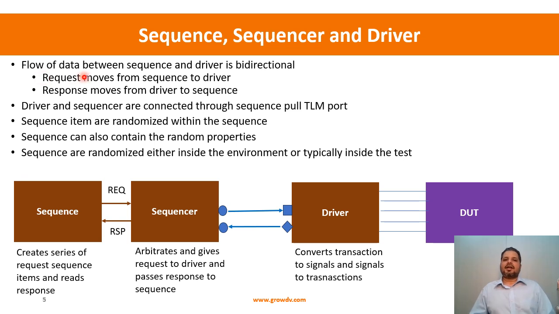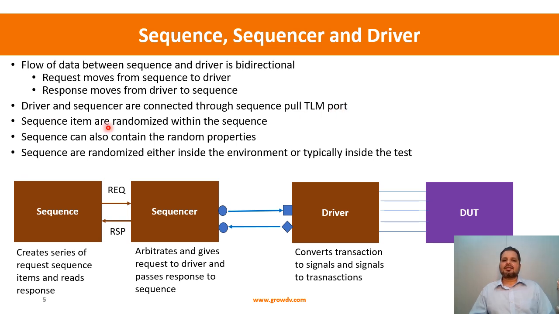The flow of data between the sequence and driver is bidirectional. The request goes through the sequence item pull port, and the responses come via the analysis port. So request moves from the sequence to the driver, and responses move from the driver back to the sequence, and the driver and sequencer are connected through the sequence pull TLM port.